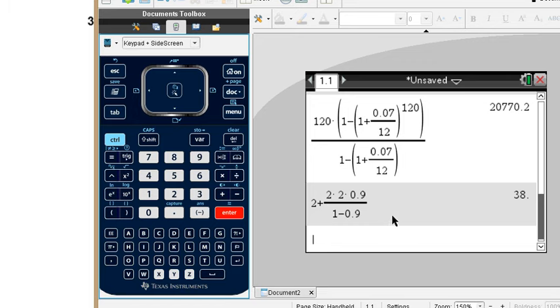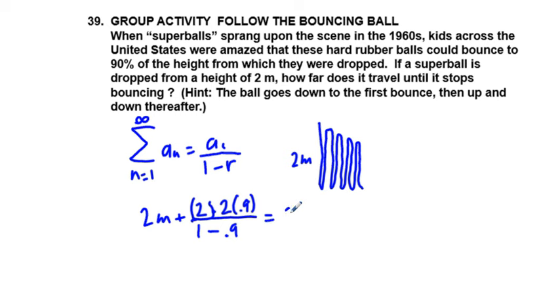So it's a 2 meter drop, then 36 extra meters vertically. So we go back here and we'll put in 38 meters total. And that's the amount the ball travels vertically after being dropped. 2 meters to the ground, and then that bounce. And again, our a sub 1 is going to be 2 meters times 0.9.